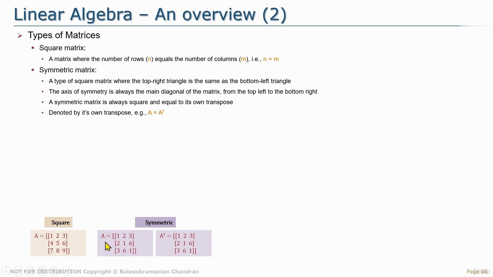The axis of symmetry is always the main diagonal of the matrix, from the top left to the bottom right. A symmetric matrix is always square and equal to its own transpose. Example, A equals transpose of A. This is an example of a symmetric matrix.